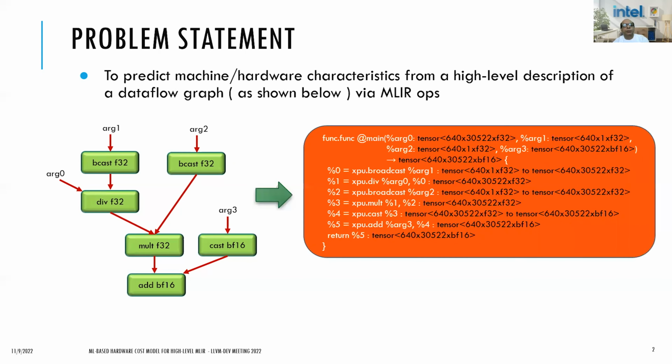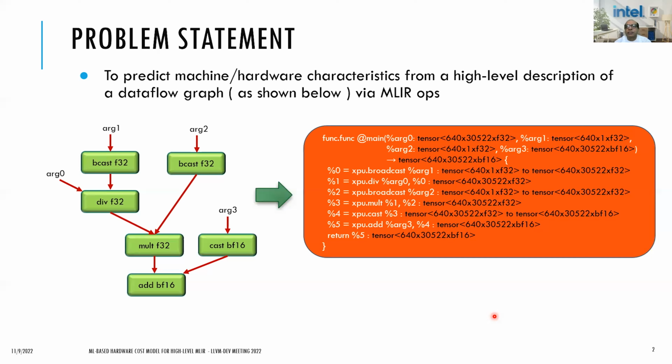The way we represent these data flow graphs today in many of these deep learning operations, especially with the advent of MLIR, is by a function. The function takes certain arguments, which we show as arg 0, 1, 2, 3, 4, etc. And they are of certain tensor types. When we say tensors, these are nothing else but higher dimensional matrices with certain data types like F32 or BFloat16.